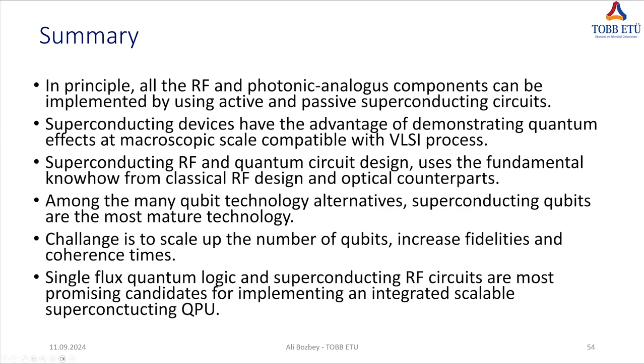And superconducting RF and quantum circuit designers do not reinvent the wheel from scratch. They use the fundamental know-how from classical RF design and optical counterparts, many years of accumulated know-how.